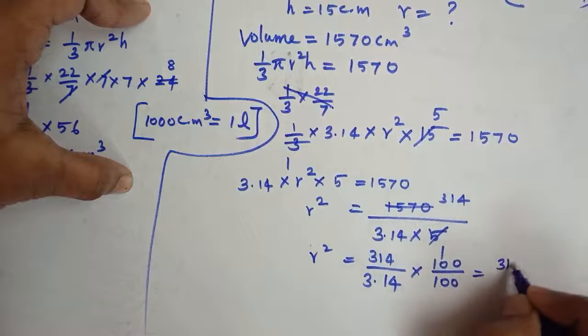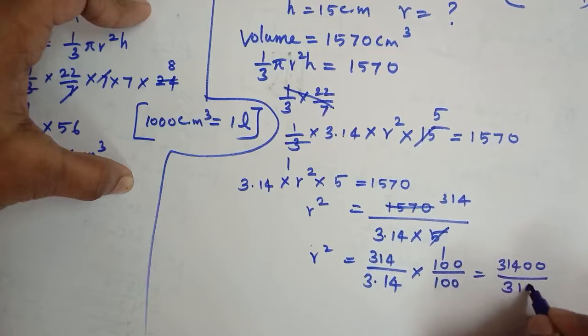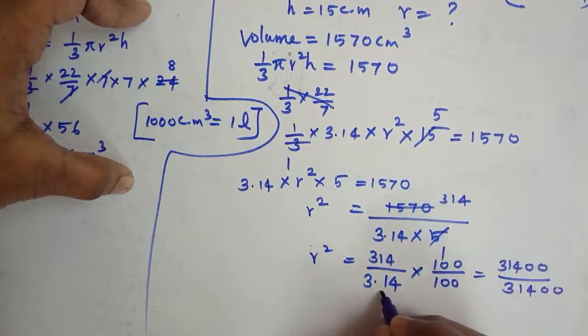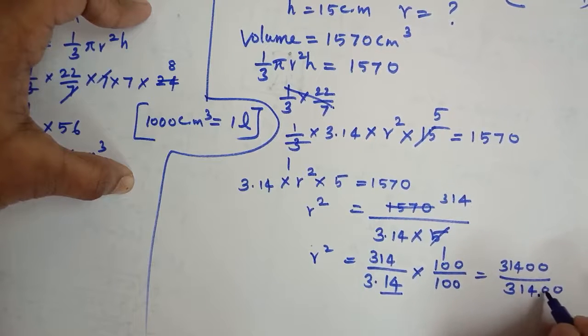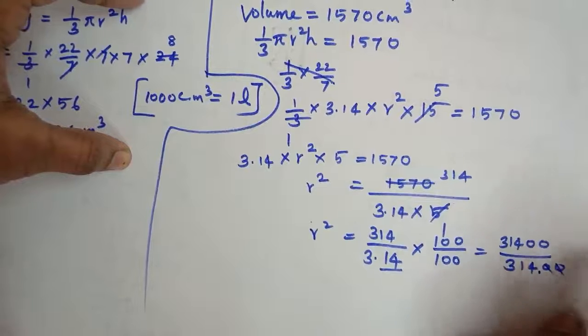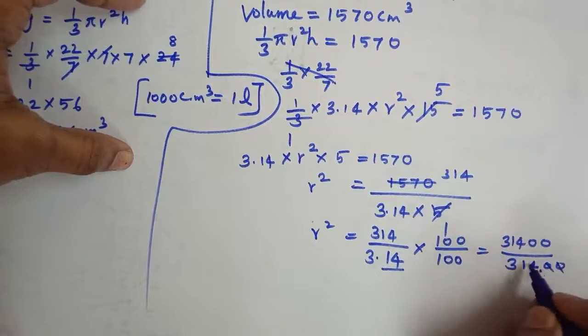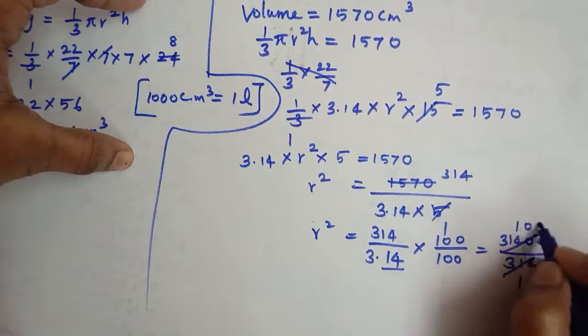Then this is 314. Insert two zeros on right side, 31400, and two decimal points. Okay, so you have to put the point before two digits. So numerator 31,400. Is it clear?